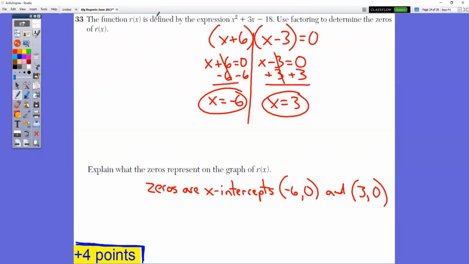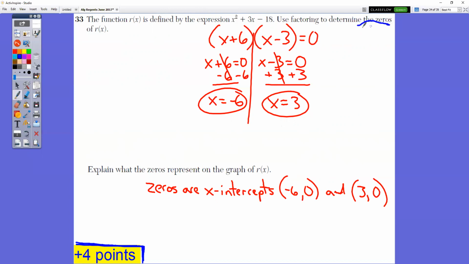So what you're looking at here is x squared plus 3x minus 18. What times what equals negative 18 that adds up to 3? Well, it is 6 and negative 3. 6 times negative 3 is negative 18. 6 plus negative 3 is positive 3.